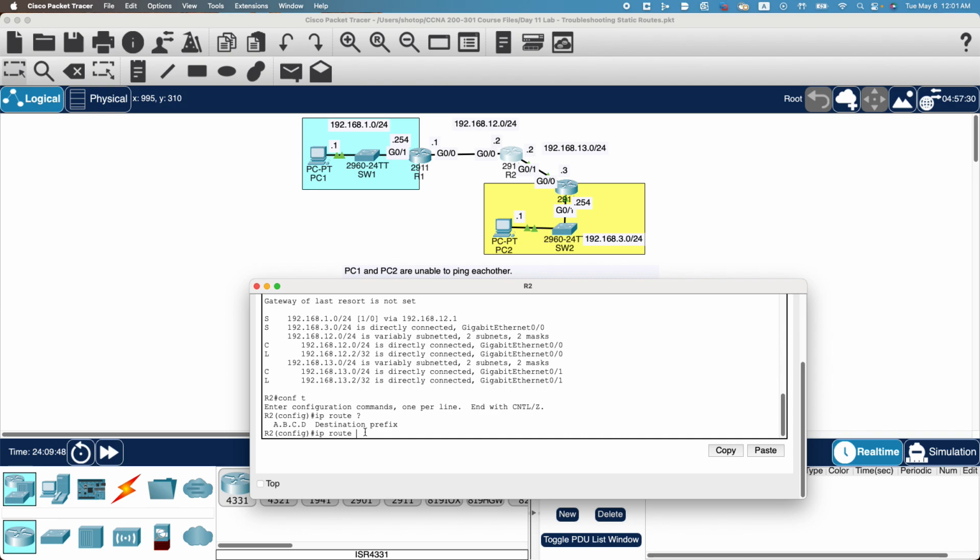All right, and then it wants a destination. From R2's perspective, I want a path to 192.168.3.0/24, and it's going to go via 192.168.13.3, out the G0/1 interface to the next hop IP, which is 192.168.13.3, I think.